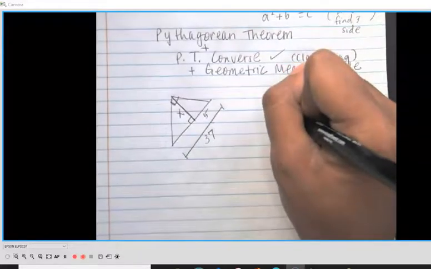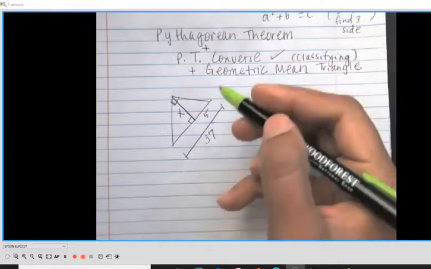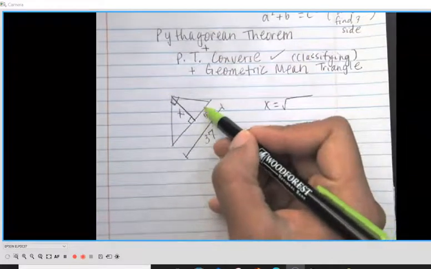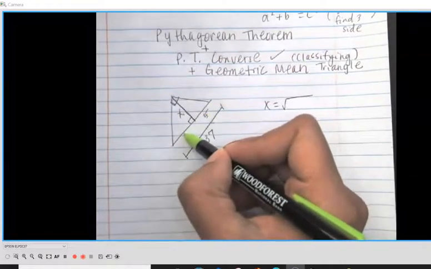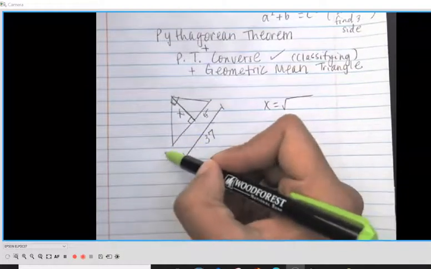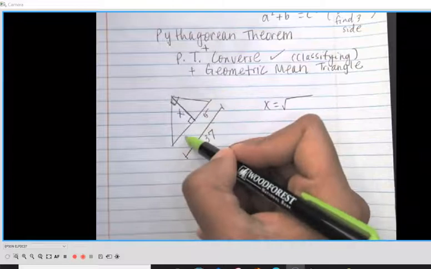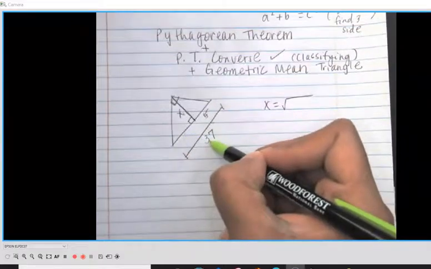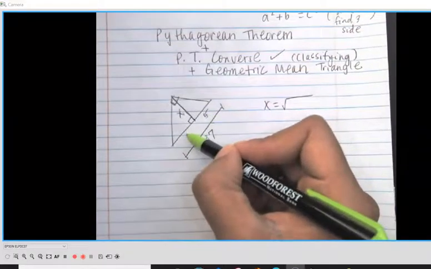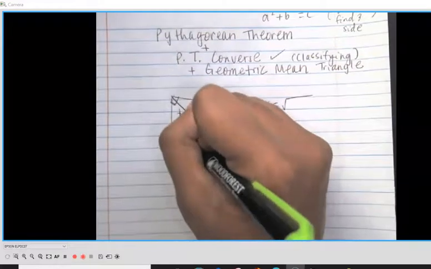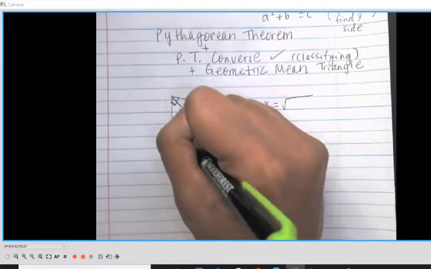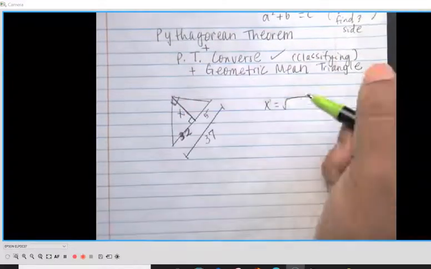X is equal to the square root of a times b, but we don't know this value. However, clearly, because this total is 37 and this piece is 5, that means this one is 32, because 37 minus 5 would give this. So this is 32 in length.